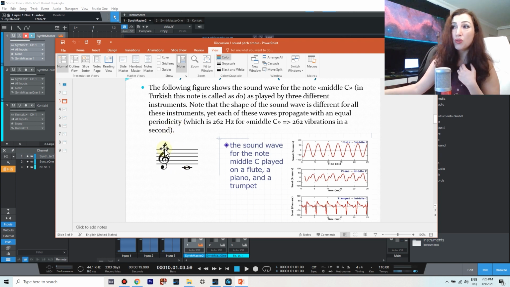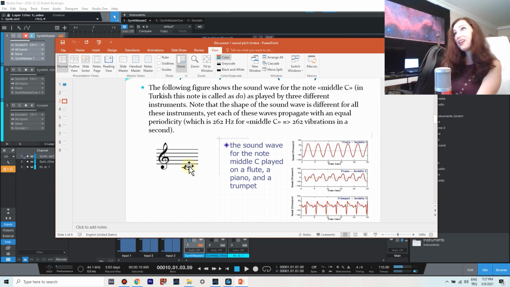You will not only be using this treble clef, sol anahtarı we call in Turkish. You will also use the bass clef. Then this note sits right in the middle: the highest for the bass clef, the lowest for the treble clef.